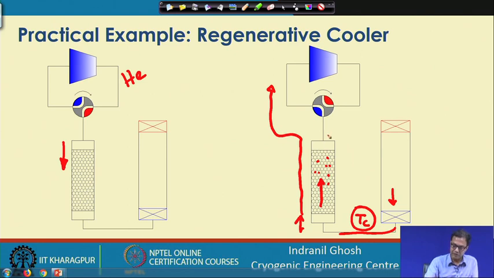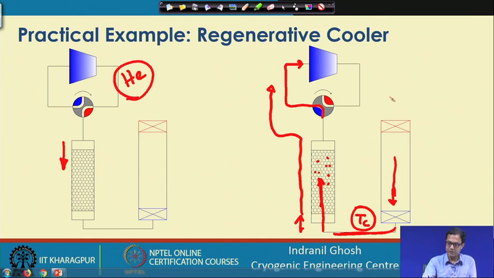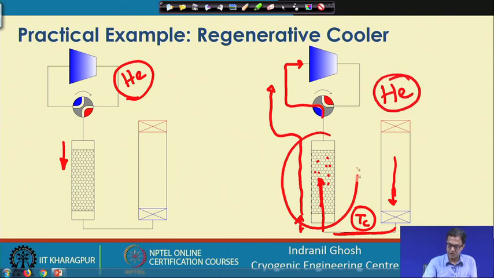In the other cycle, when it is getting discharged, this low pressure or expanded helium flows through this regenerator and goes back. This is how it works in both cycles. Helium is the gas passing through this regenerator, and this is our concern at this moment.